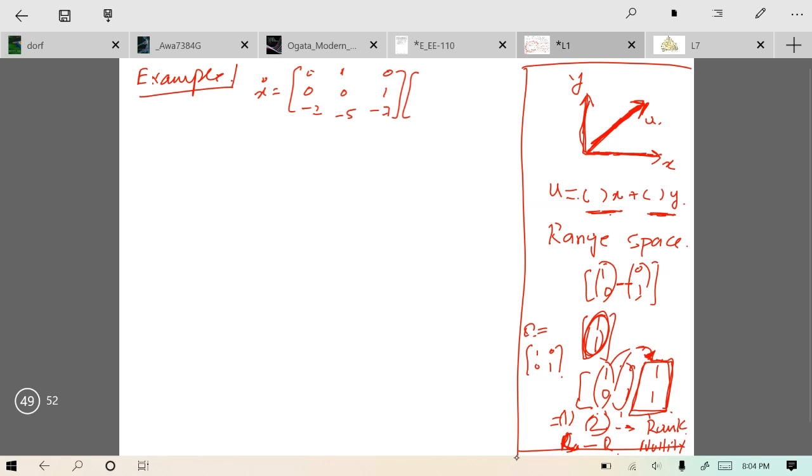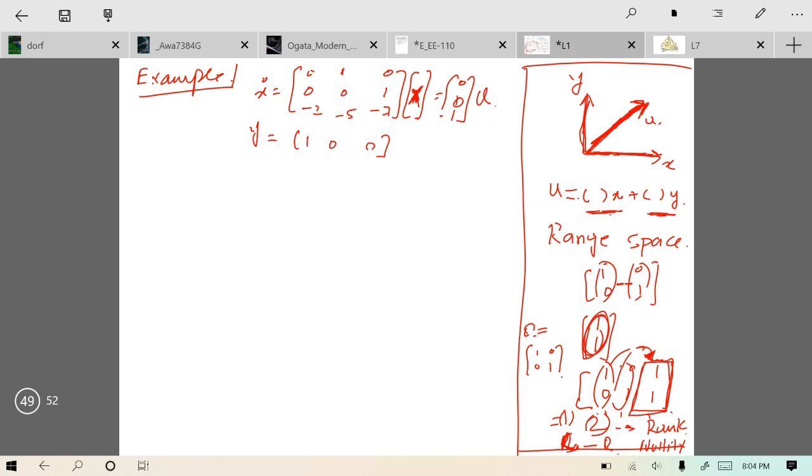This is matrix A. This is matrix X. I am writing it in bold because it is a vector. Plus [0 0 1] U. This is AX plus BU, and you have Y equal to CX plus 0 U. D is equal to 0 in this case.